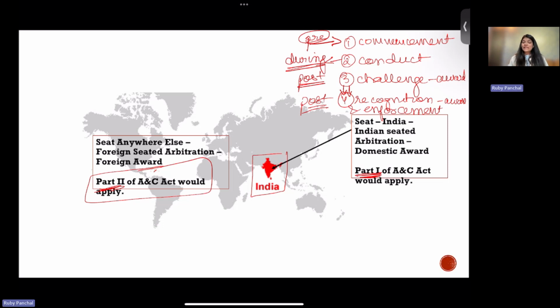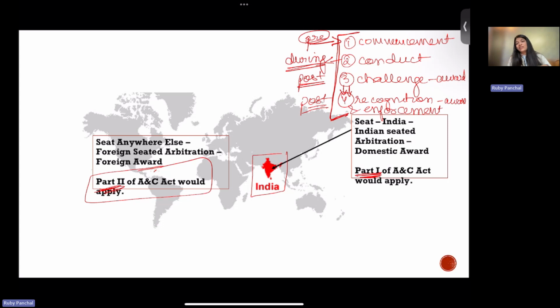Part 1 of the A&C Act provides the law or framework on all of these four matters. So once your arbitration is seated in India, Part 1 would inevitably be applicable.